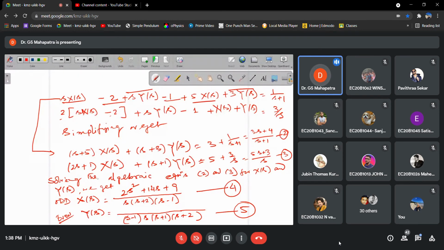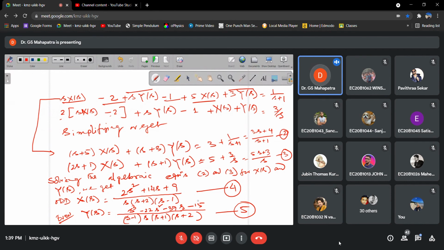Okay, the answer is s cube minus 22s square minus 39s minus 15. So these two are the X's and Y's.